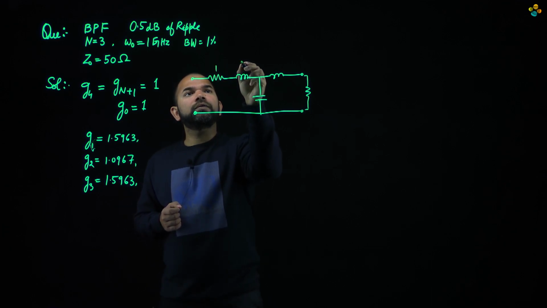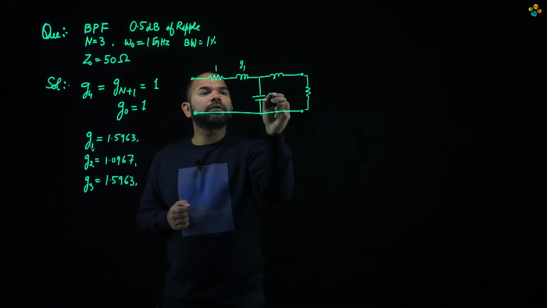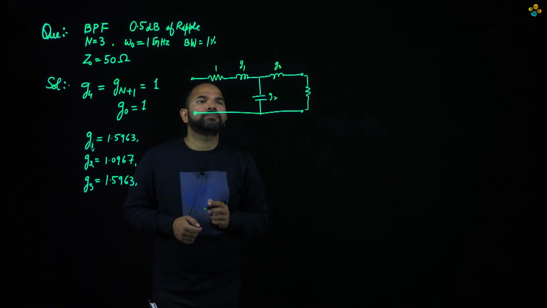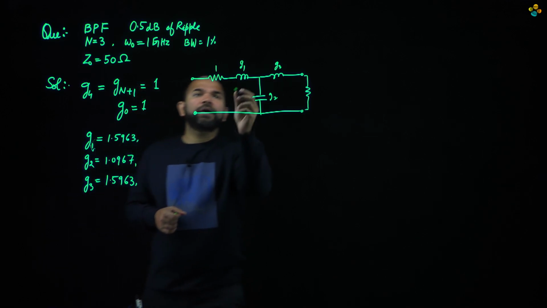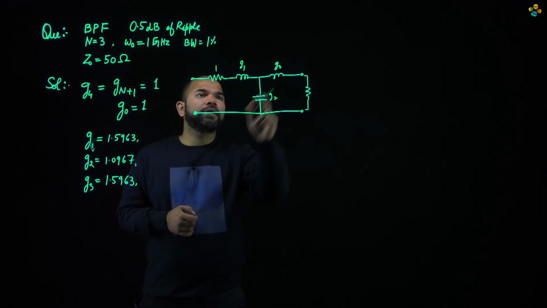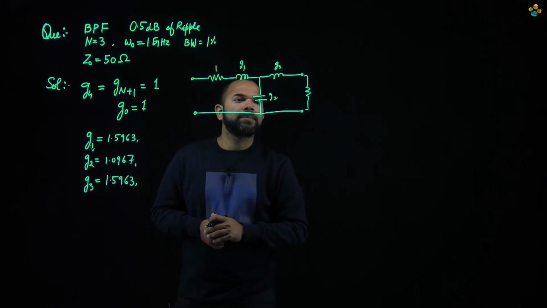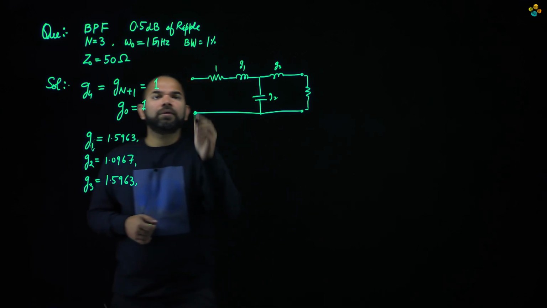So this is G1, this is G2, this is G3. Here we have a series inductor, here we have a series inductor, and here we have a parallel capacitor.